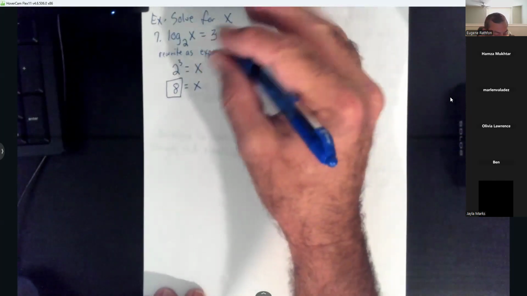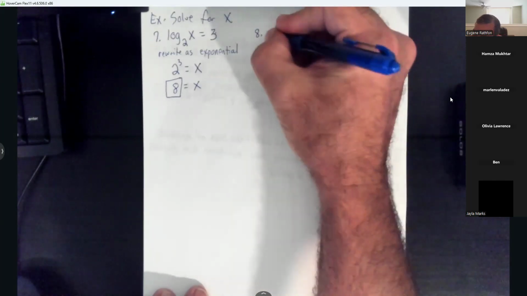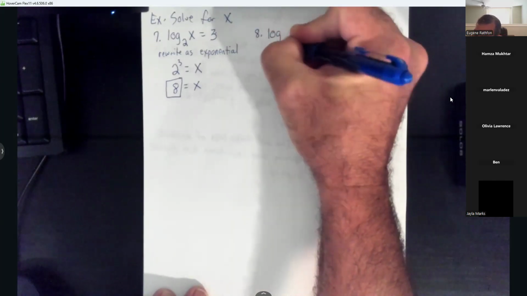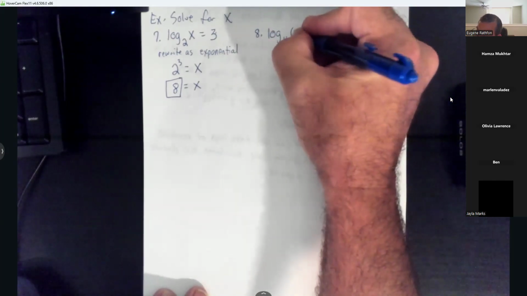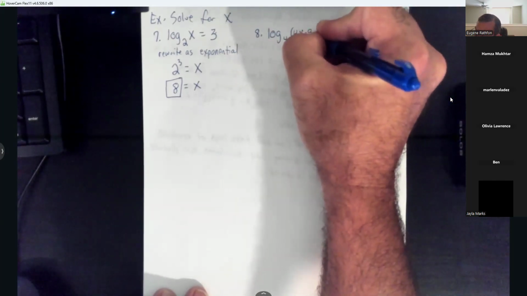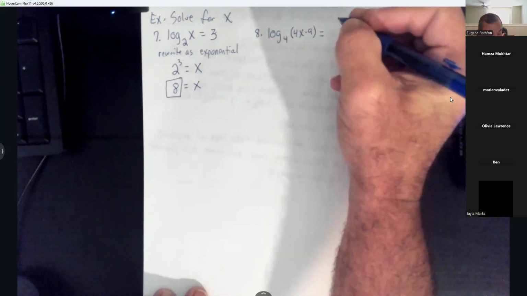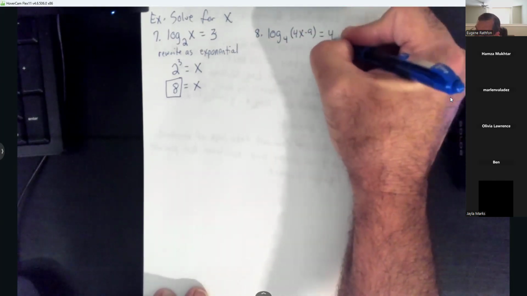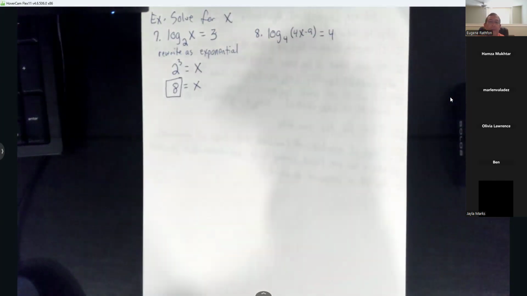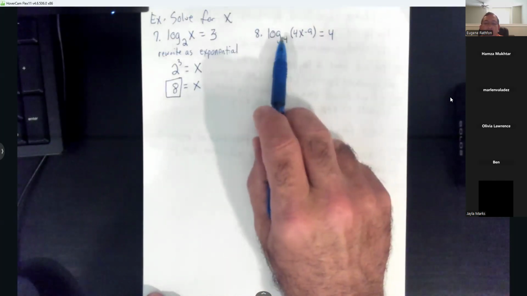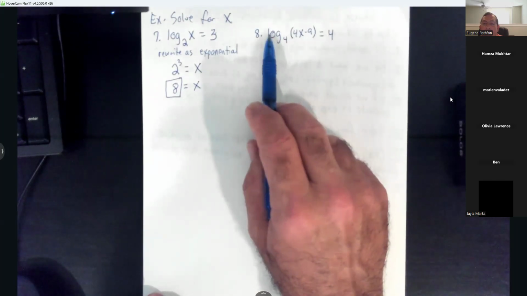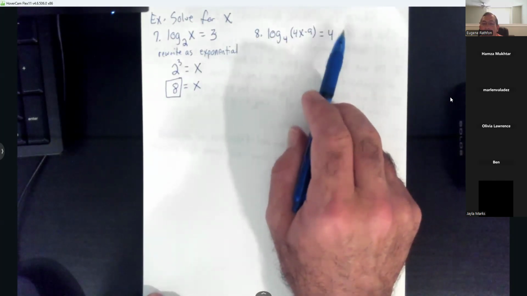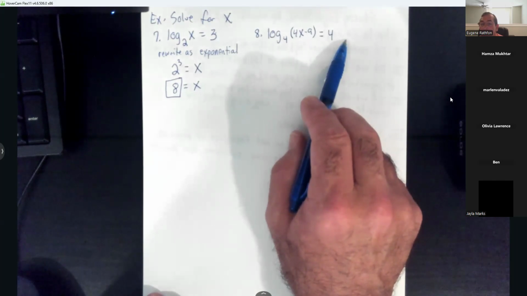Now, y'all, one similar to that would be this one. Log base 4 of 4x minus 9 equals 4. So y'all, looks like once again, I don't have any logs to combine on both sides because I got a single log here, no log here. I don't have a log base equal a log base.